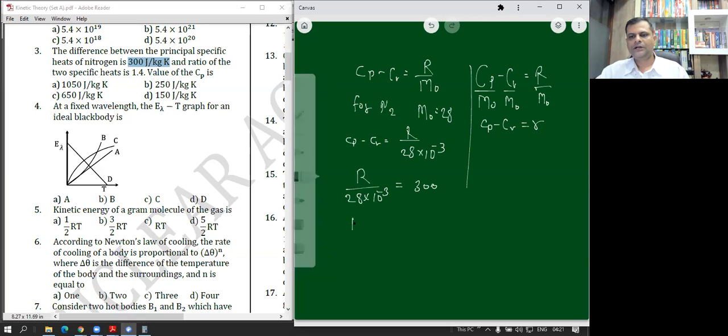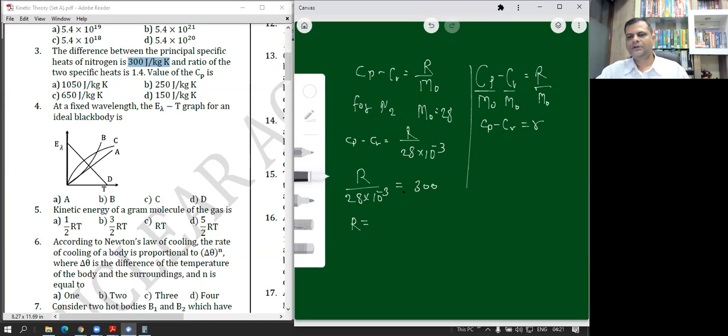Okay, so R is actually going to be 28 into 300 into 10 raised to minus 3. Which can be written as, अच्छा 28 into 3 कितना होता है? 84 और ऊपर 2 zeros into 10 raised to minus 3.